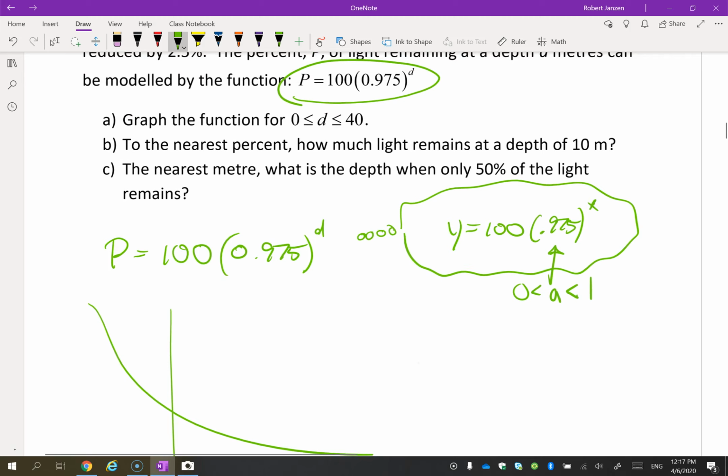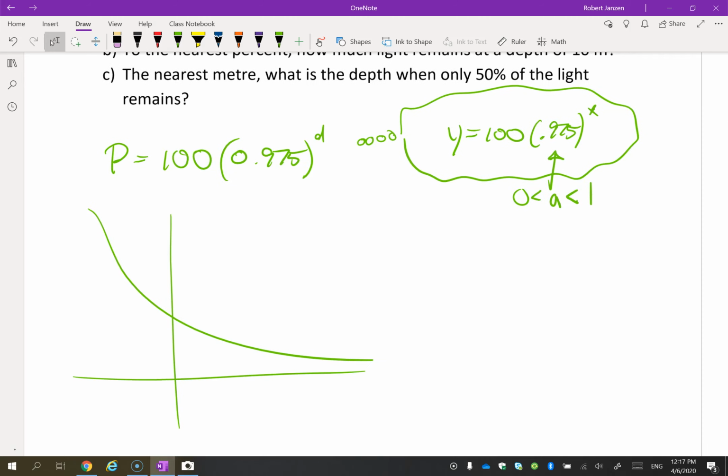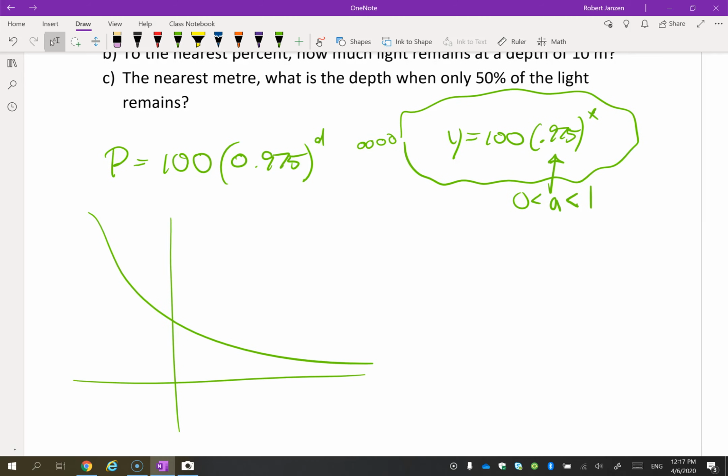Now you can't have a negative depth. Well, you're thinking, okay, if we go down, that is negative. But if you think about this, 1 meter below the surface, 2 meters below the surface, etc., you wouldn't have negative 1 meters below the surface. So the graph actually does not exist here.